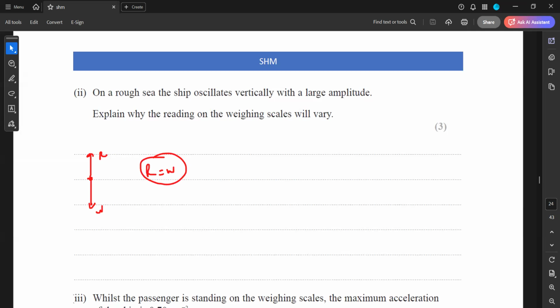But now when the sea is rough, the reading is changing. What is the reading? Remember, the reading on the balance, or on the spring balance, or on the weighing scale is actually the value of the normal contact force, R. If the value of R is not changing, it means the reading on the balance will remain unchanged.